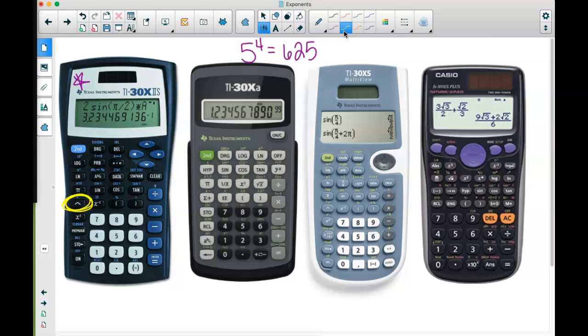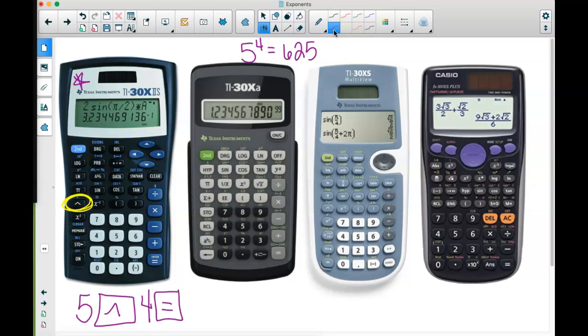It's called a caret key. It's like a little arrow up. That button literally tells whatever number comes after it to go up and be an exponent. So the way you would type this in your calculator is 5, then hit the caret key, then a 4, and hit equals.